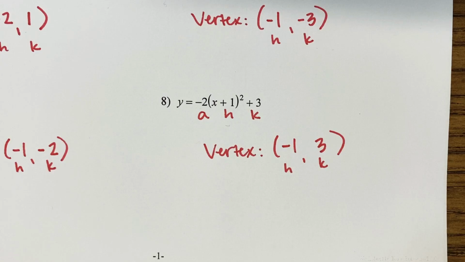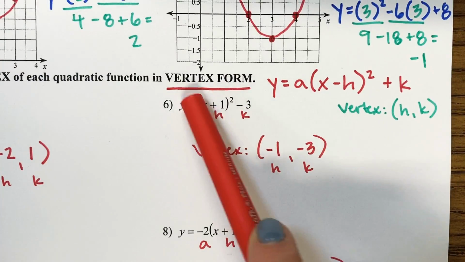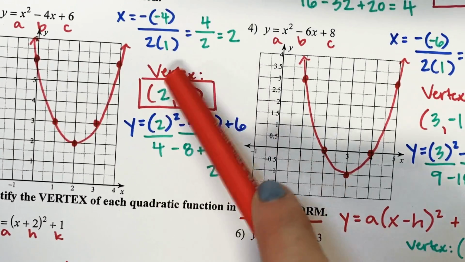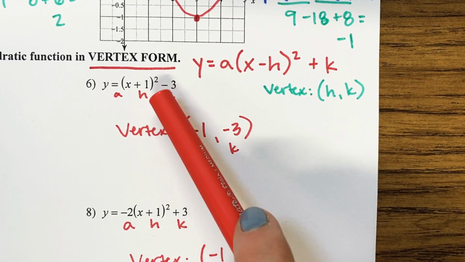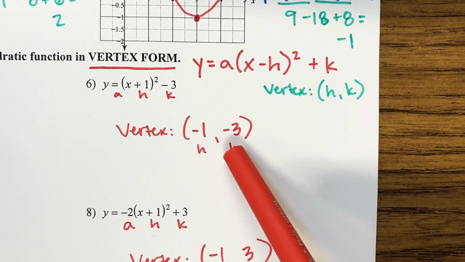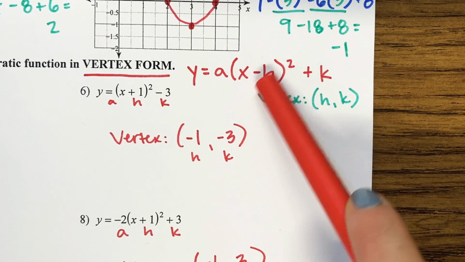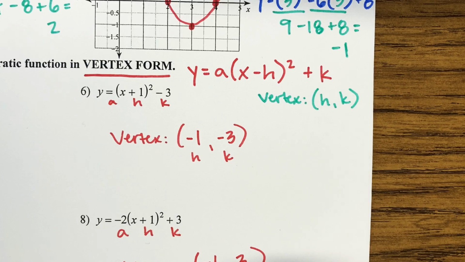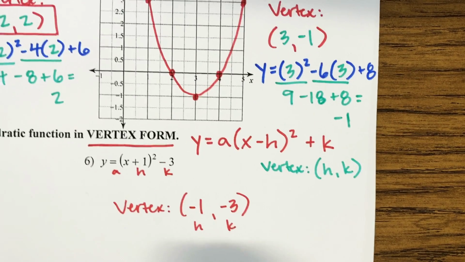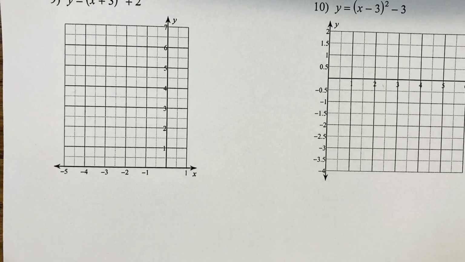And that's it. Vertex form, like I said, is really nice. We don't have to really solve anything for the vertex. It literally tells us the vertex, H, comma, K. The only thing we have to remember is that the sign with our H changes. So go ahead and flip your notes over or go to the next page.